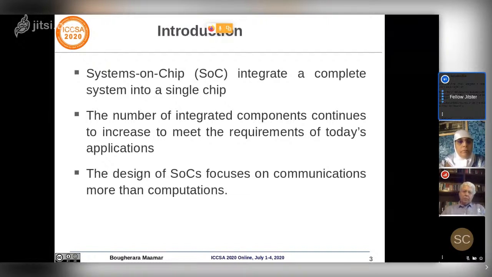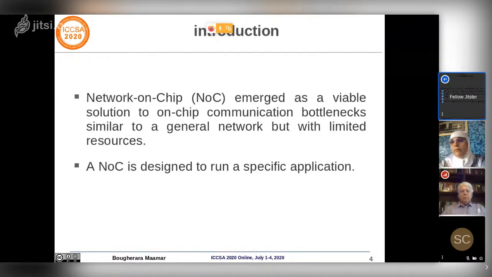The number of integrated components continues to increase to meet the requirements of today's applications. The designer of system on chip focuses on communication more than computation. Network on chip is the solution to on-chip communication.